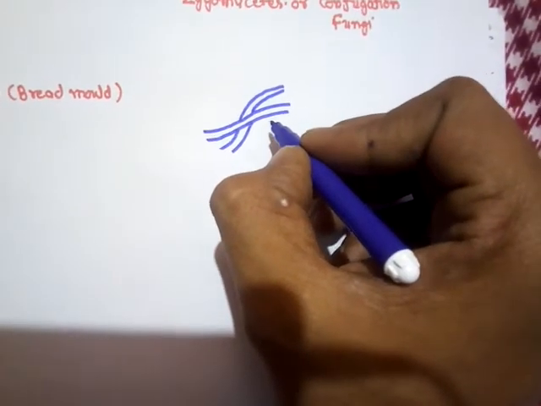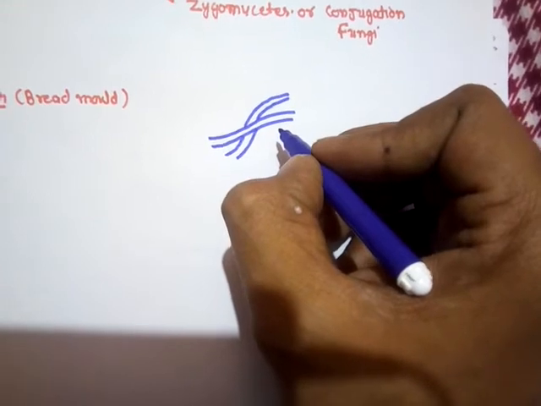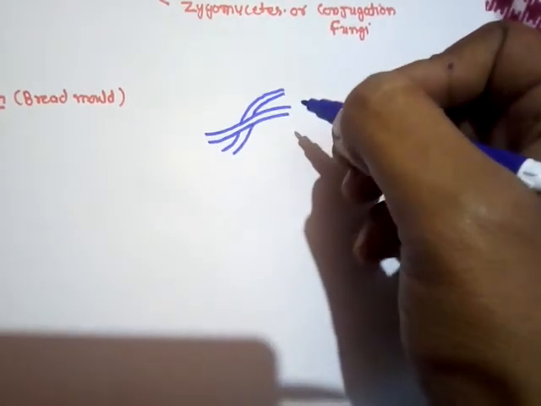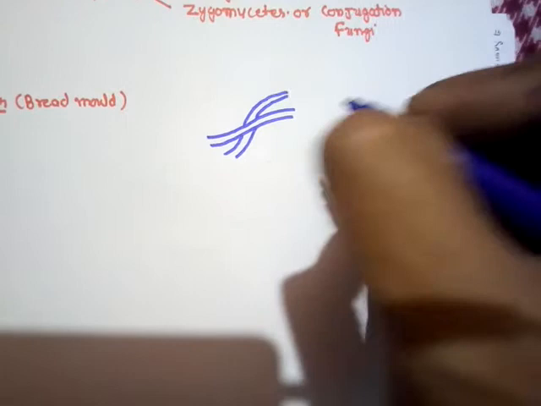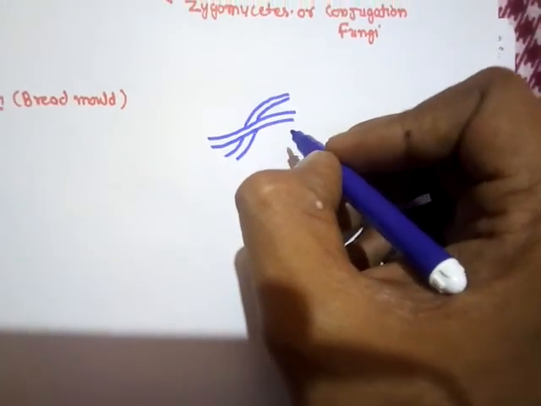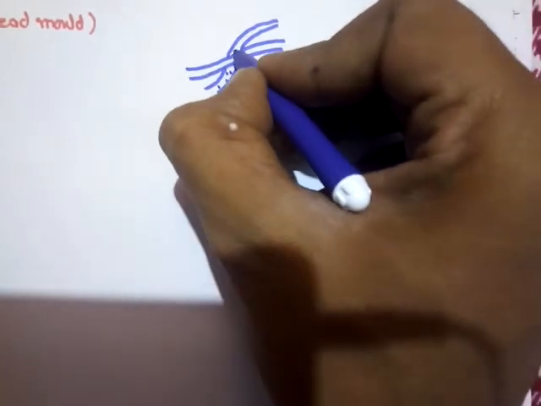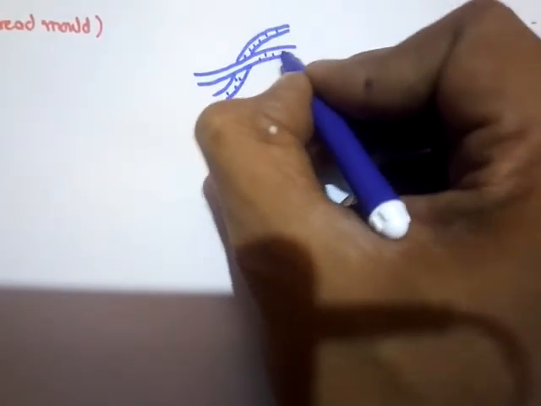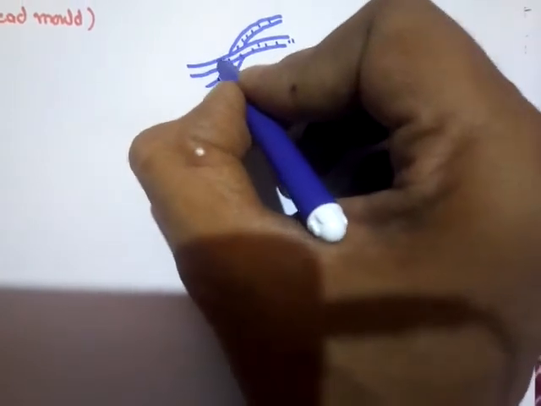Okay, so now let's see the vegetative structure of Rhizopus stolonifer. This fungus has two types of hyphae in its structure, and as you know, it is a member of phycomycetes, and phycomycetes are characterized by the presence of multinucleated hyphae or aseptate hyphae. So you can see here the first type of hypha, and they are multinucleated, multiple nuclei are present, there are no septa.